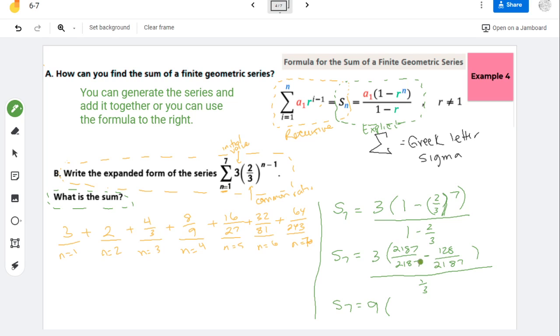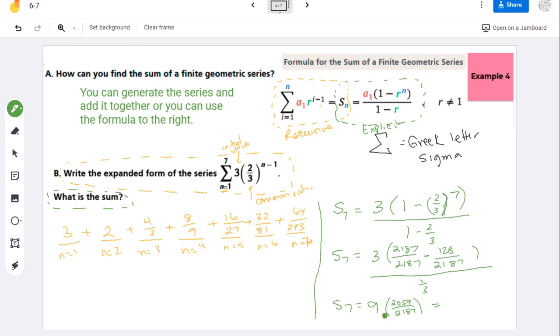And then I'm going to go ahead and deal with this ugly top part. So 2,187 minus 128 is 2,059 over 2187. So I just combine those fractions.